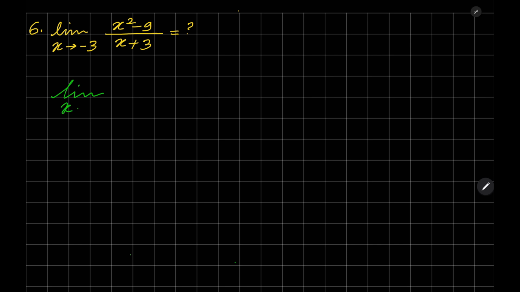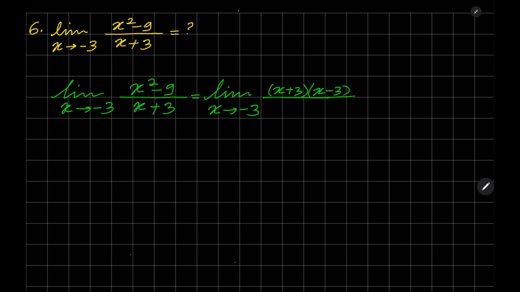Limit as x approaches negative 3, x squared minus 9 divided by x plus 3 is equal to limit as x approaches negative 3, x plus 3 times x minus 3 divided by x plus 3.